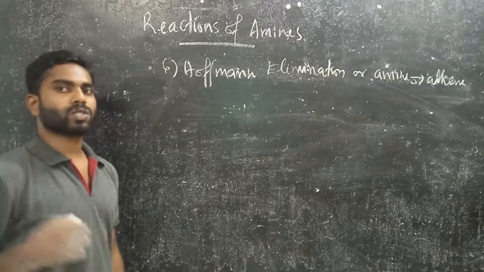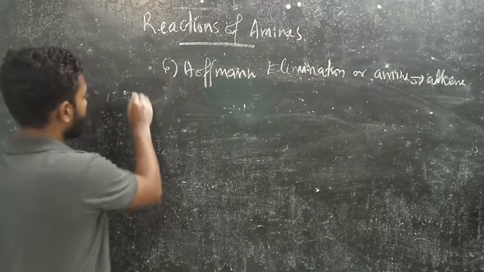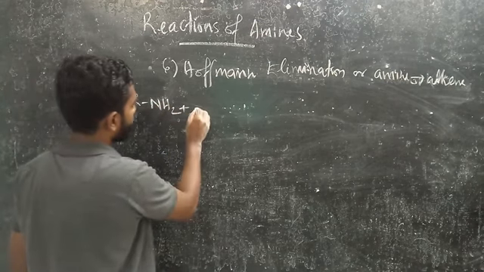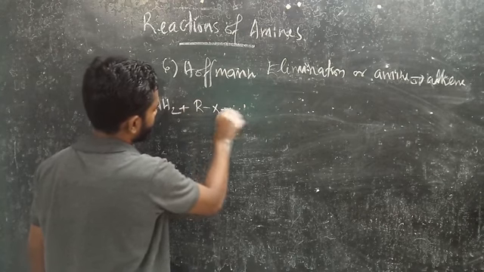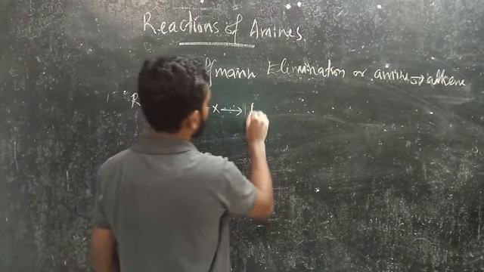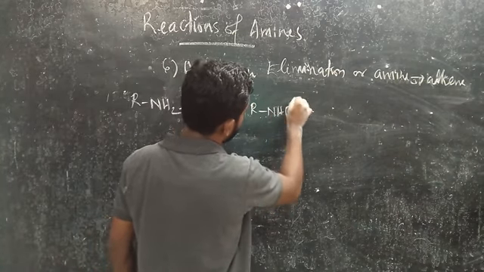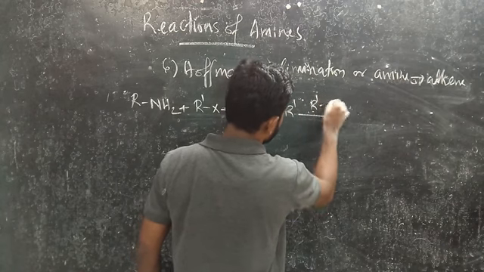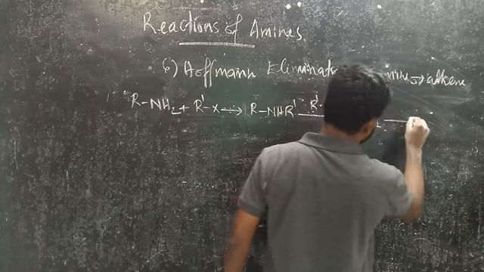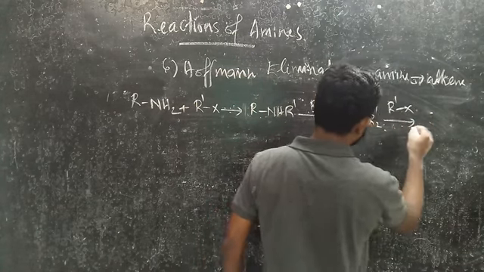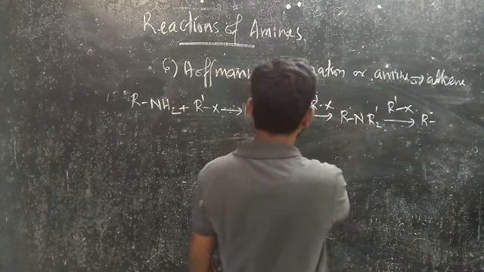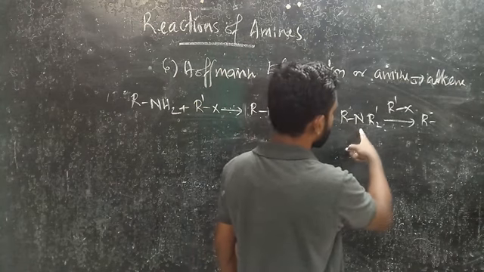If we take excess of alkyl halides, then RNH2 reacts with the excess alkyl halide, R'X, and we will get RNHR'. RNHR' reacts with R'X and you get RNR'2.